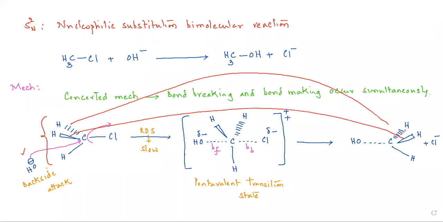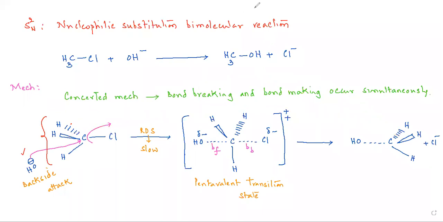It's just like an umbrella in a strong wind. Look at these two bonds especially. This one has gone here. This one has gone here. So this is how we can observe something like an inverted umbrella.